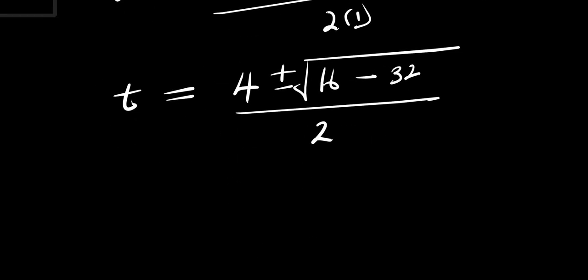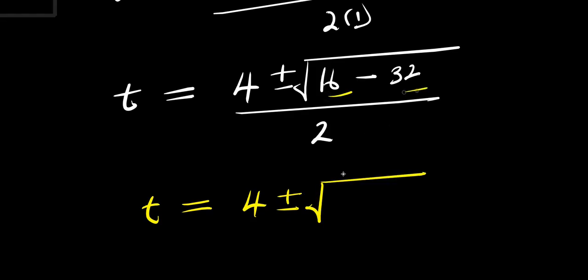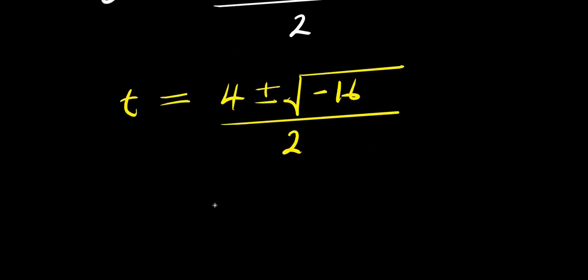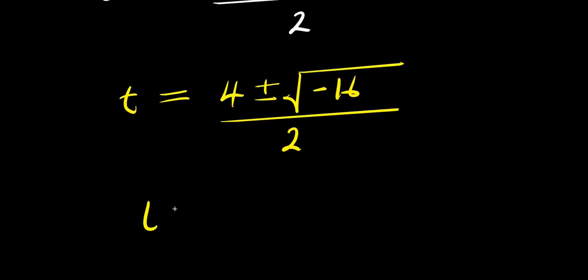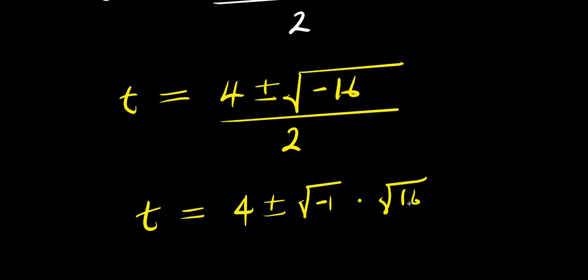So from here, we are going to have t equals 4 plus or minus square root of 16 minus 32, this is negative 16, divided by 2. So from here, we are going to have t equals 4 plus or minus, yes, we can have square root of negative 1 times square root of 16, divided by 2.